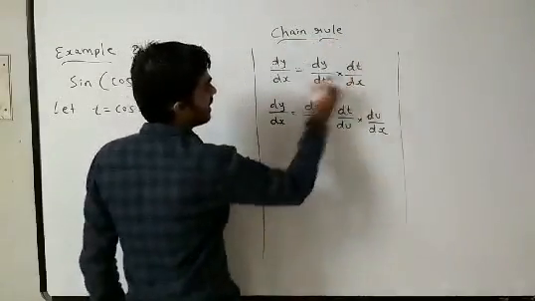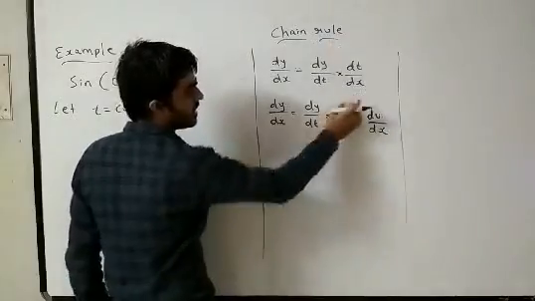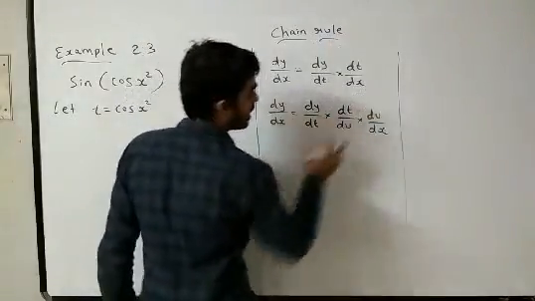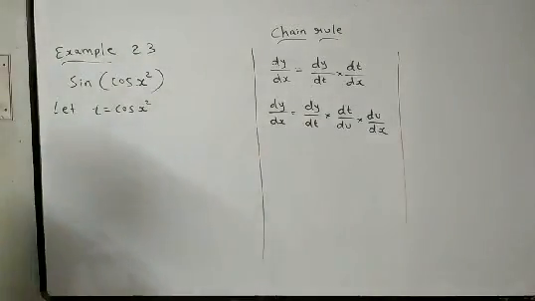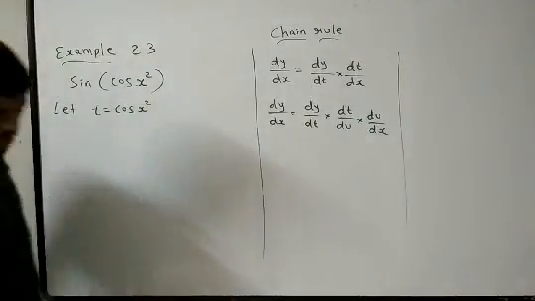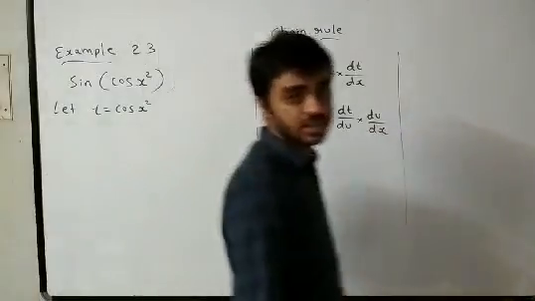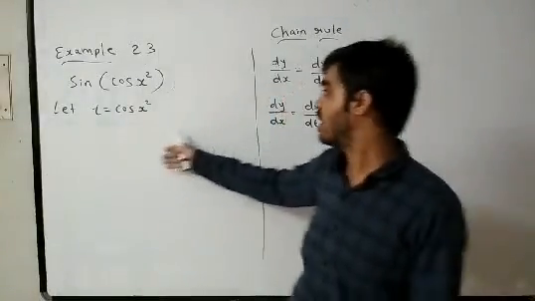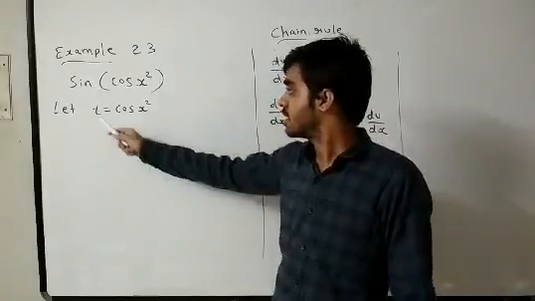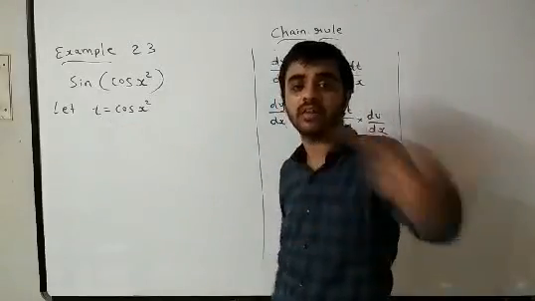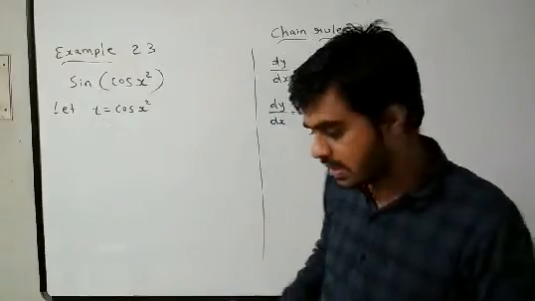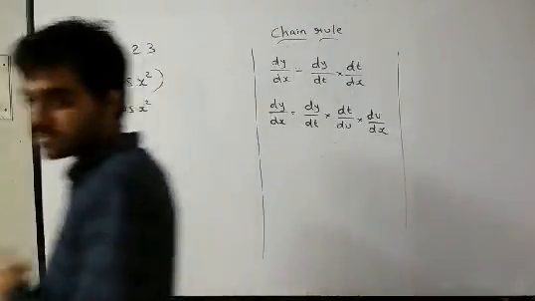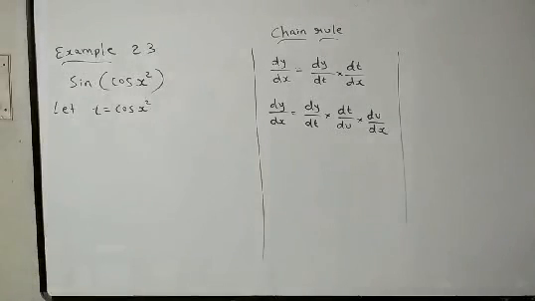Here dt and dt get cancelled, and du and du also get cancelled. The only difference is that here you have to do 3 times derivative. Now how are we going to do that?